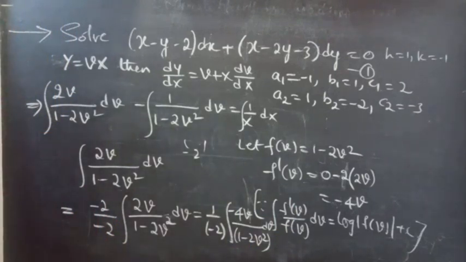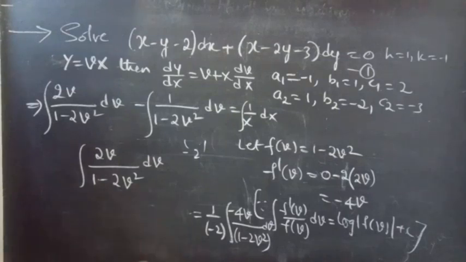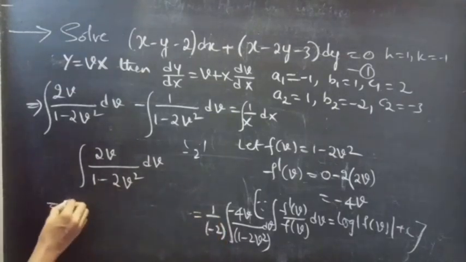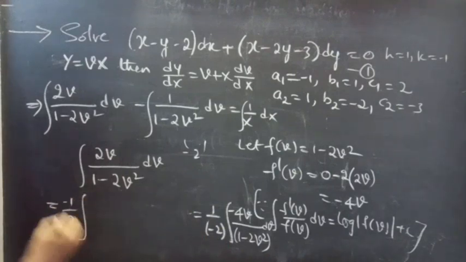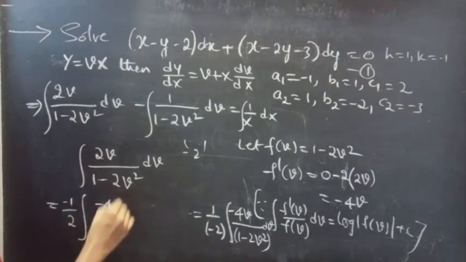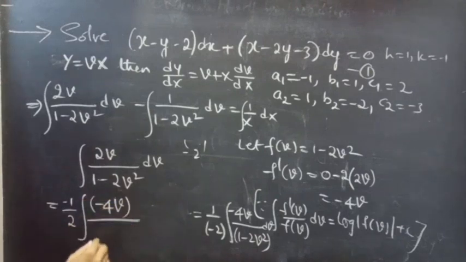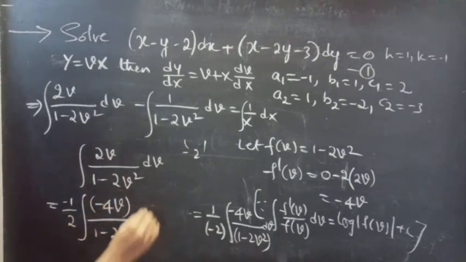This equals to, you can write 1 by minus 2 as minus 1 by 2 into integral minus 4v by 1 minus 2v square into dv.